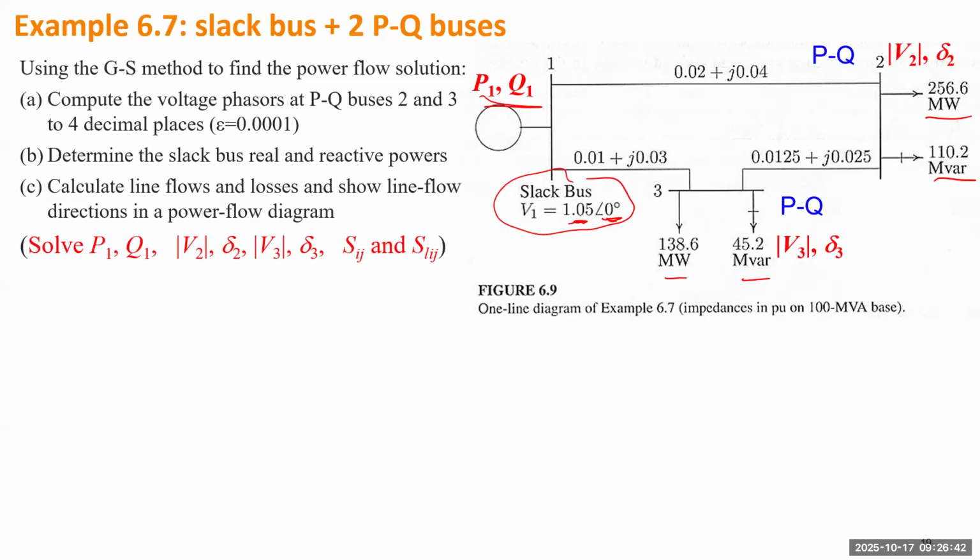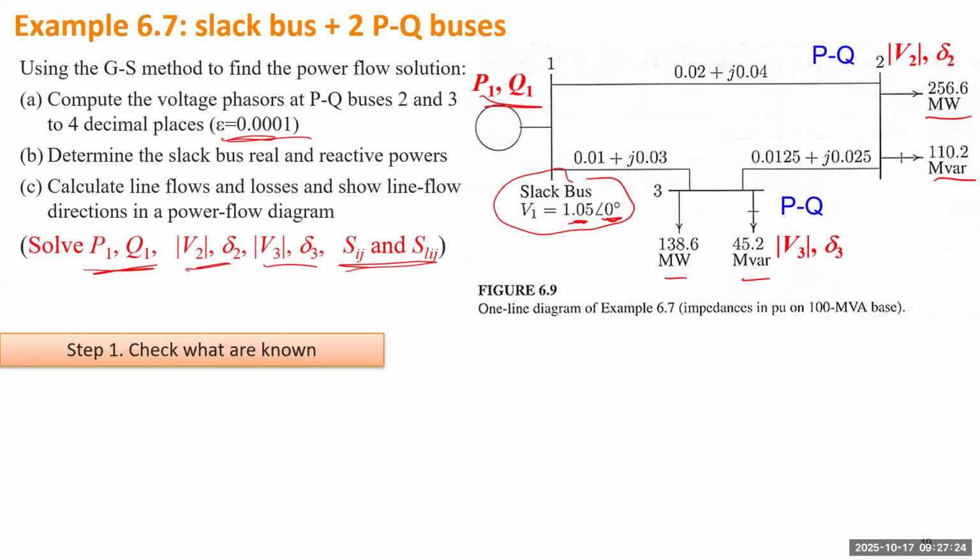We want to use the Gauss-Seidel method to find a power flow solution, and we put the error tolerance equal to 0.0001, which means we want to make sure four decimal places are accurate. To summarize what to calculate, we want to solve P and Q for bus 1, the voltage magnitude and angle for bus 2 and bus 3, and then the line flow and also the loss of the line.